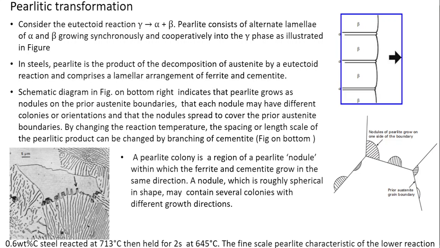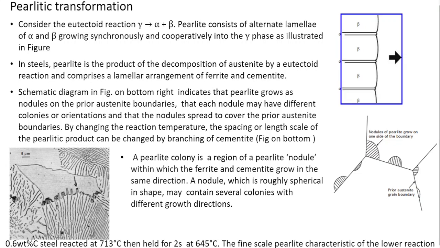These are the prior austenite boundaries. Each nodule may have different colonies or orientations, and the nodules spread over to cover the prior austenite grain boundaries.